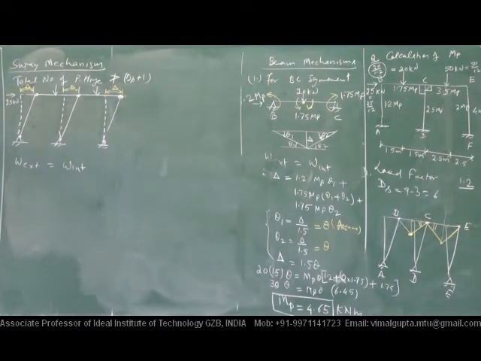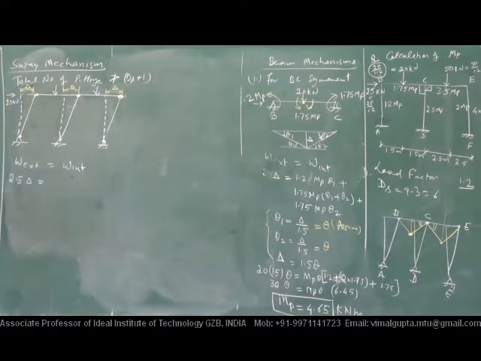No, because the total displacement is only delta, not 3 times delta. So the external work done will be 25 into delta, equal to the internal work done. Before writing internal work done, we must have the value of the moment.